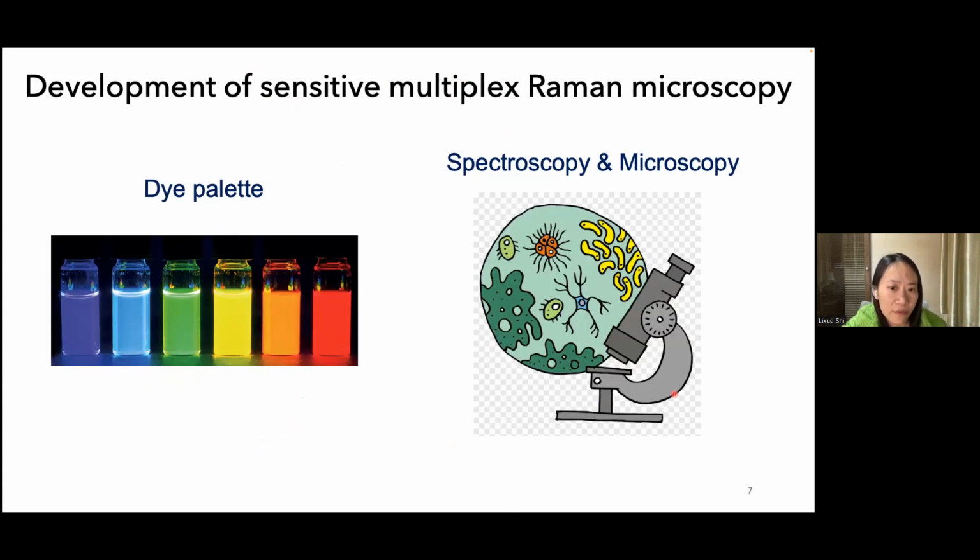Second, can we work out a way to improve the sensitivity of Raman detection? Finally, how can we integrate all the modifications and improvements, both on the probe and spectroscopy side, to real biological samples such as tissues? This will relate to the engineering on probe labeling and the sample processing.